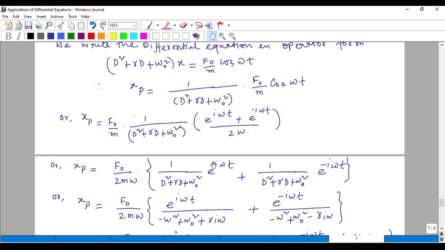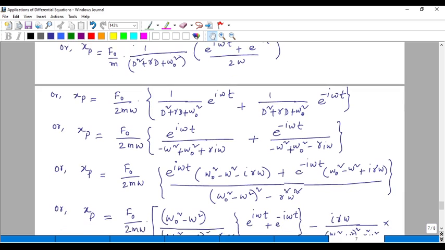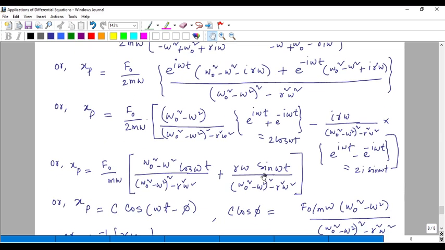So D is replaced by i omega, and we get this expression. Similarly for the other operator, and after a few calculations we get the expression xp equal to F0 by omega, into (omega 0 square minus omega square) by (omega 0 square minus omega square) to the power square minus gamma square omega square, into cos omega t, plus this term.